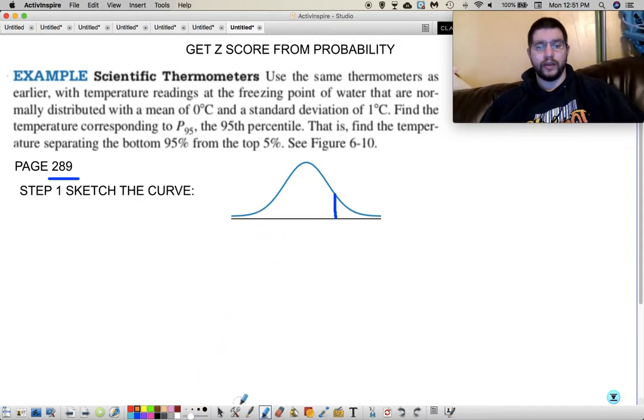Well, it gives us the probability of everything up here being 0.95. We're trying to find out what the z-score is. Again, our mean standard normal distribution is 0. So we're looking for this z-score here.